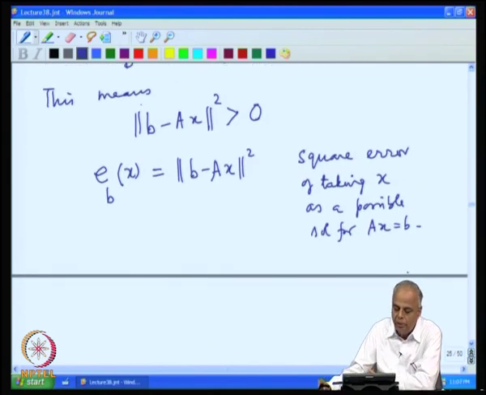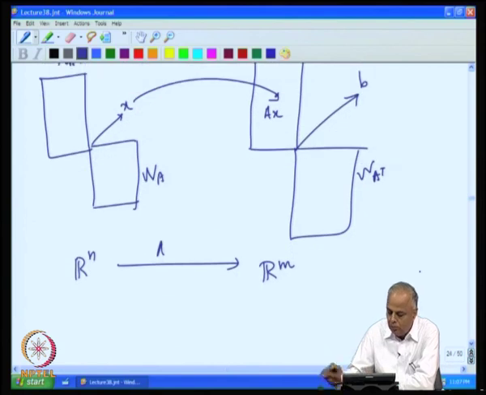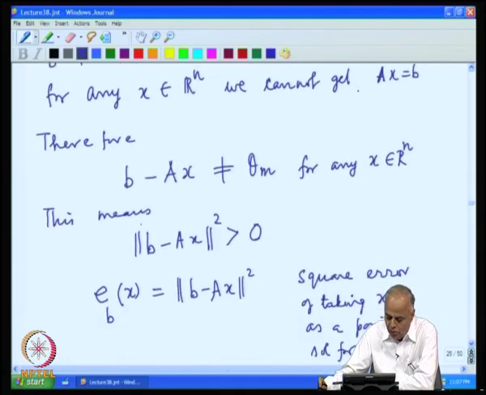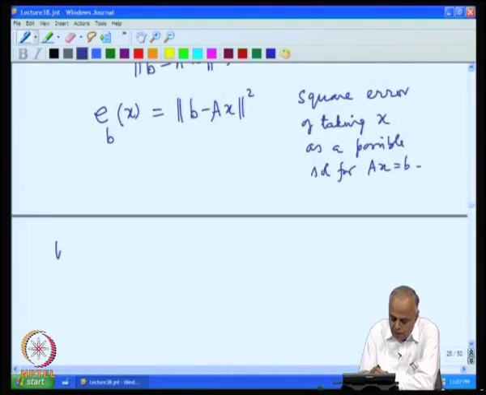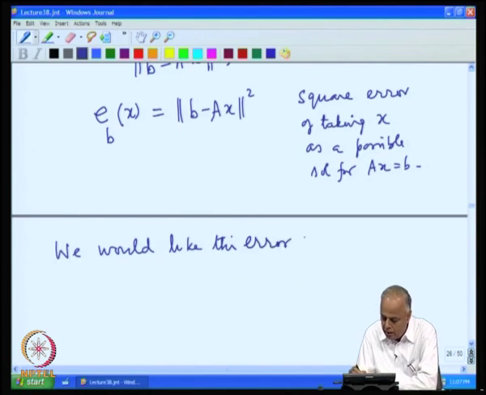So, now what we would like to do is, since nothing is going to go to B, we would like to get as close to B as possible. So, we would like this error to be minimum. We would like this error to be minimum.